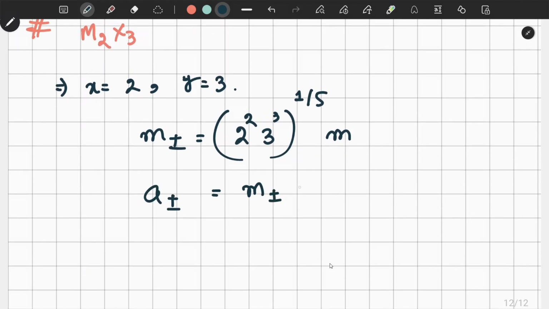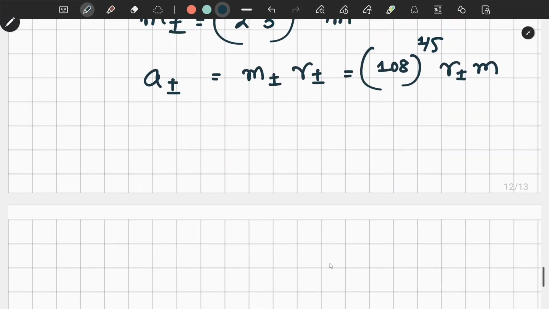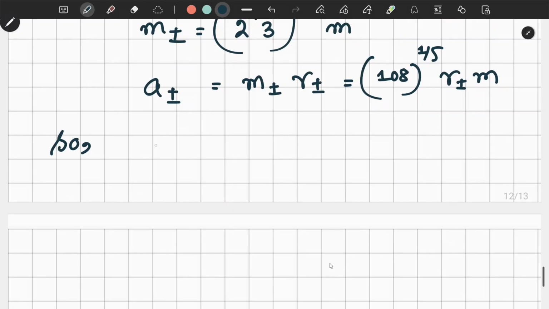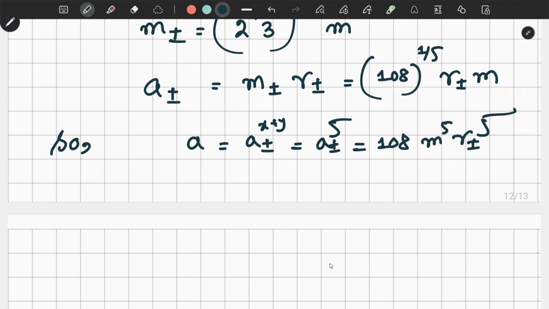That is 108 whole to the power 1 by 5. Correct.